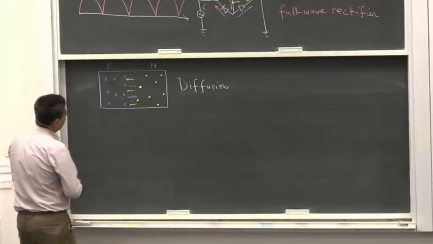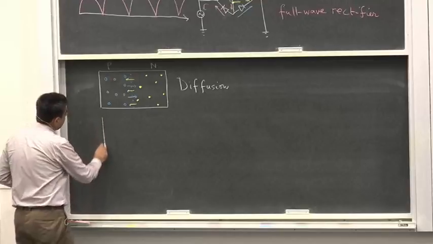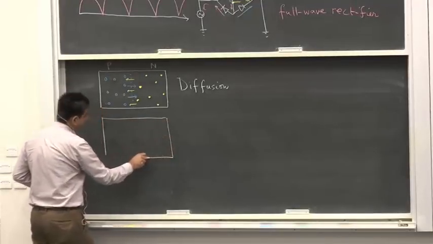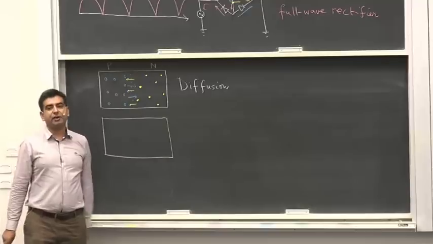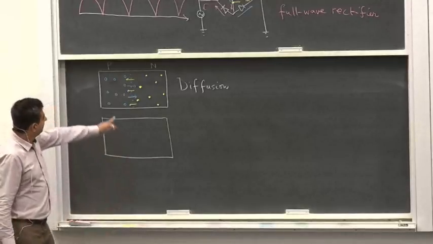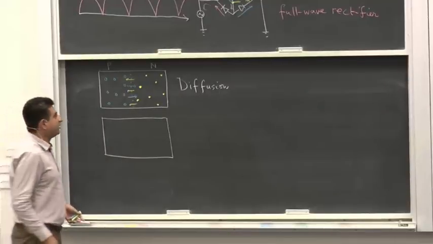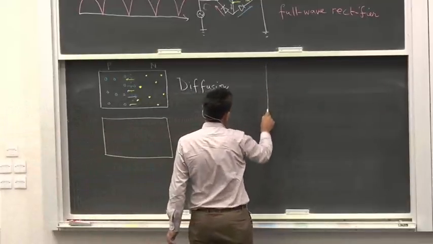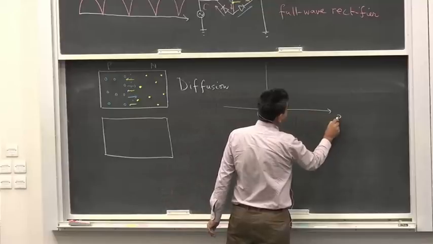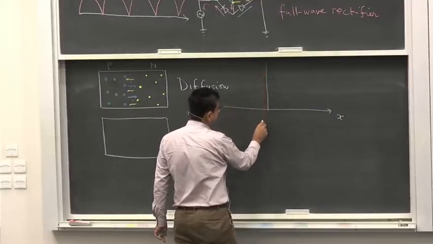So with time, the region in the vicinity of the junction is going to see a change in the concentration. Before the junction is formed, this is my distance and this is the interface of the junction.